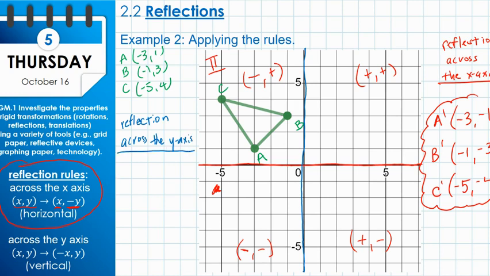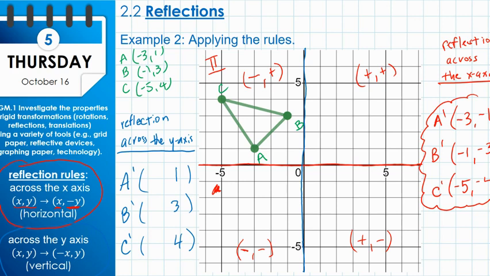So again, I take A prime, B prime, C prime. The rule here says opposite x, same y. So I rewrite my coordinates A prime, B prime, C prime. My y value stays the same. 1, 3, 4.